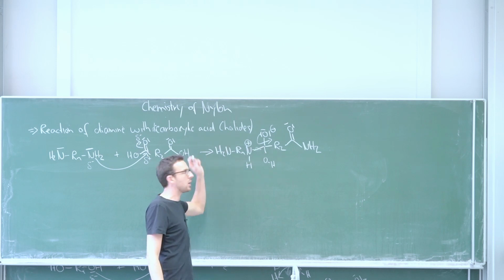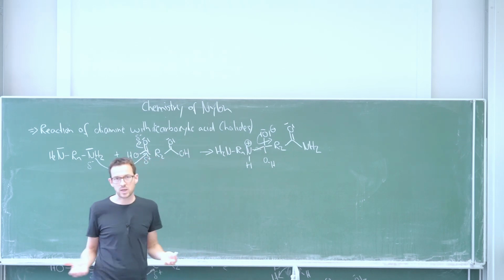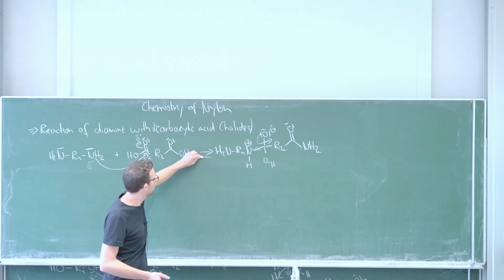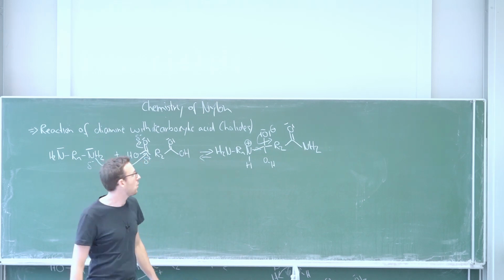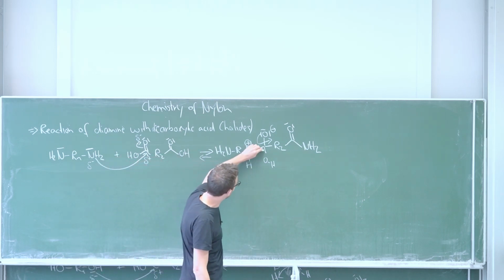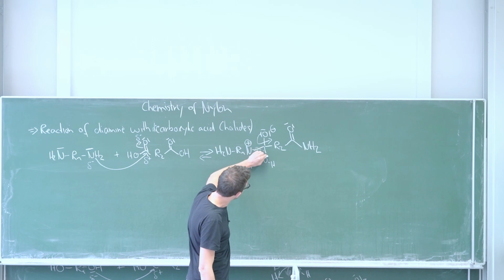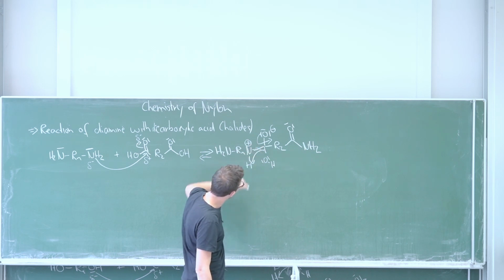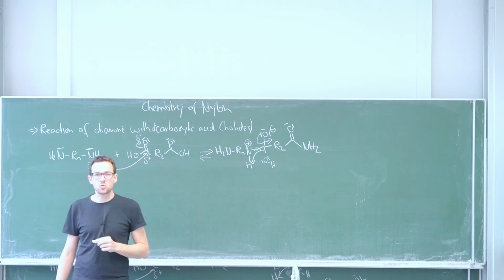Either we kick out the amine again, which we can do, of course, but then the reaction will go in the other way, or we can kick out the bond to the OH group.